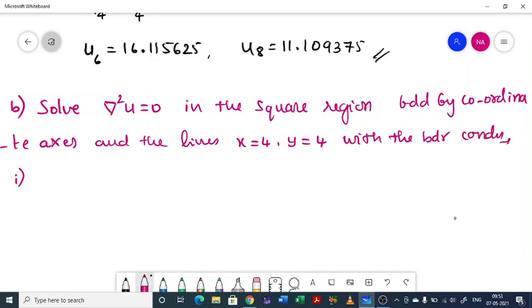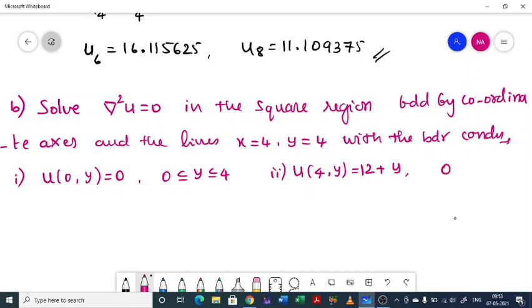first condition, u of 0 comma y equal to 0, 0 less than or equal to y less than or equal to 4. Second, u of 4 comma y equal to 12 plus y, 0 less than or equal to y less than or equal to 4.